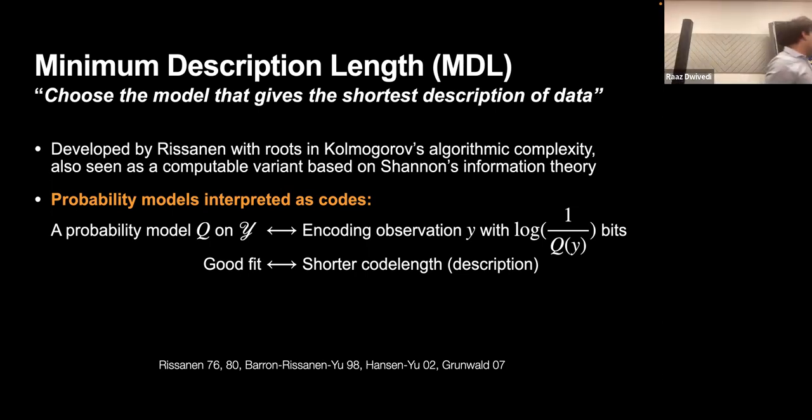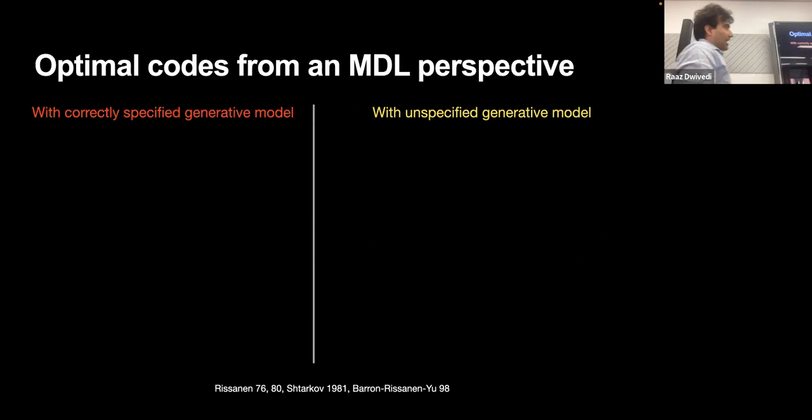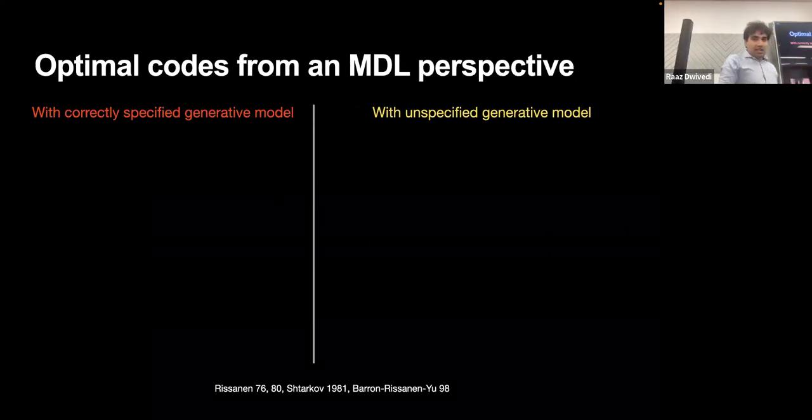So this is like a test error, or the test code length. Over the years, there have been many forms of MDL, like two-stage MDL, mixture MDL, and normalized maximum likelihood. I'll briefly recap the fundamental concepts and then try to apply them to a high-dimensional model and see what comes out.